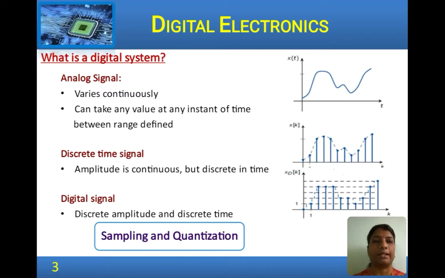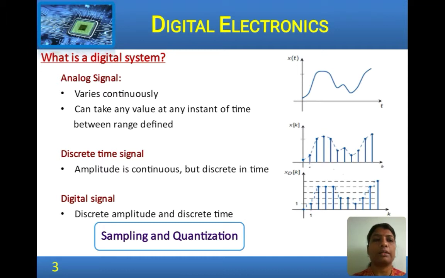a specified range. Now, if you are going to observe the temperature of a room, then you will be noting it down at specific time intervals, say at half an hour interval or 1 hour interval. So, this discretization in time produces a discrete time signal, and at each instant of time the temperature that is monitored can take up any value in the predefined range, say what we have discussed 20 to 45 degrees, or a voltage level could be between 0 to 5 volts at any given instant of time.